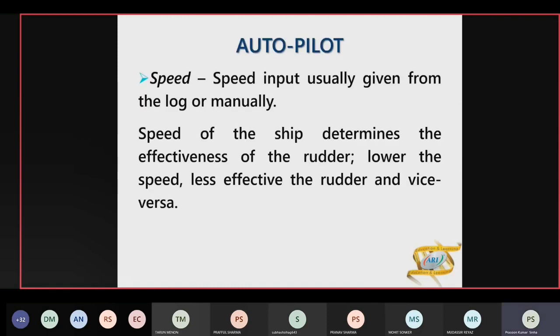Mostly you don't have to change this. So speed input is coming from the log directly, but it may be possible that there is no interface provided, and so for the given speed you must provide a number to the system. You have to enter the speed, 6 knots, 7 knots, 8 knots, 10 knots, and basis this, the steering behavior will change.